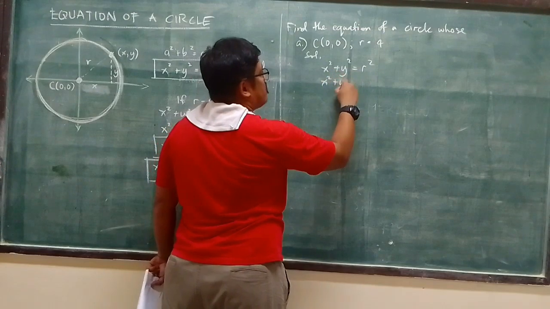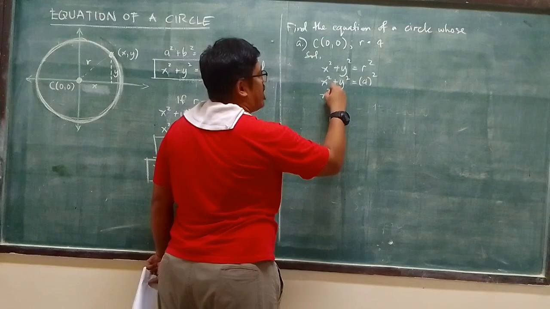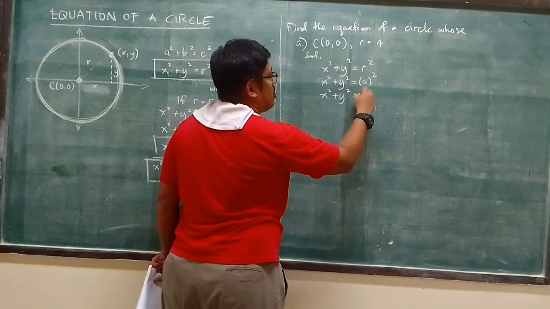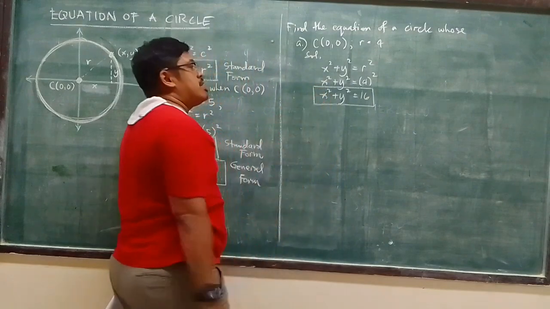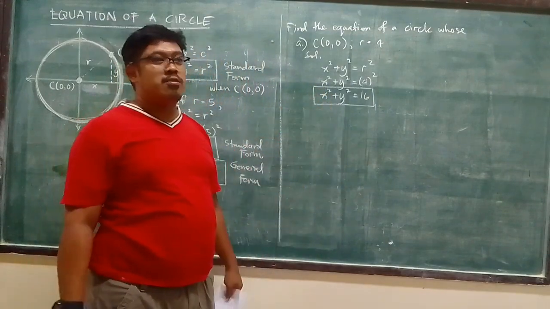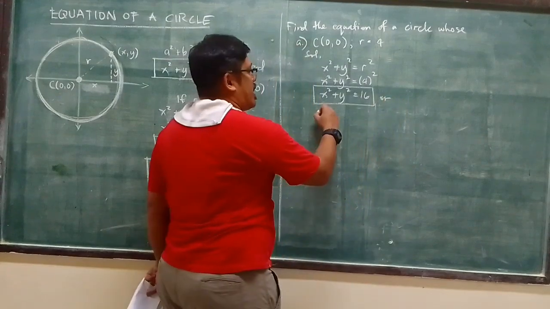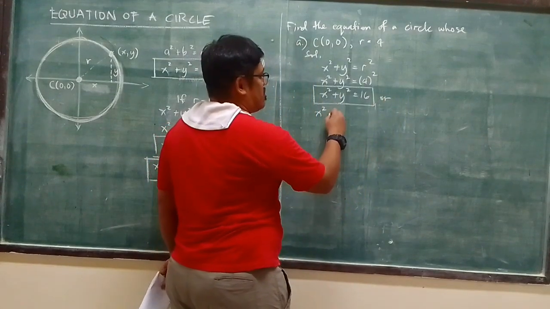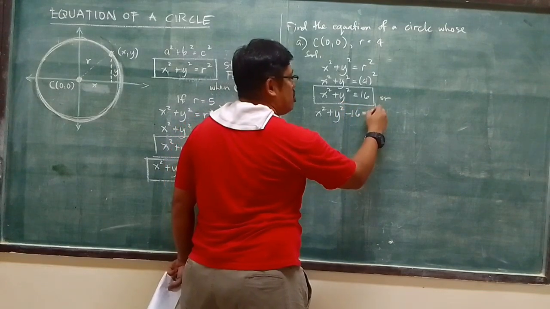X squared plus y squared is equal to 4 squared. Your equation right now, x squared plus y squared is equal to 16. Kung standard form na ang hinihingi sa inyo, ito na yung final answer. Or, kung general form naman ang hinihingi, the answer will be x squared plus y squared minus 16 is equal to 0.